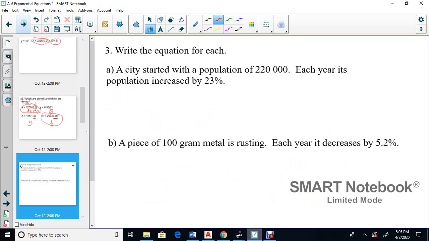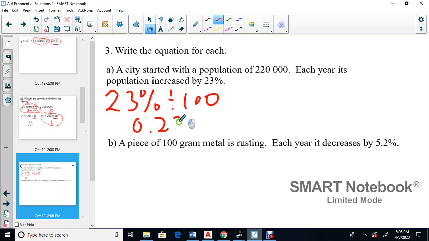Now we're going to set up some equations. Write an equation for each one. A city started with a population of 220,000. Each year its population increased by 23%. First, 23% divided by 100 gives you 0.23, so it increased by 0.23.